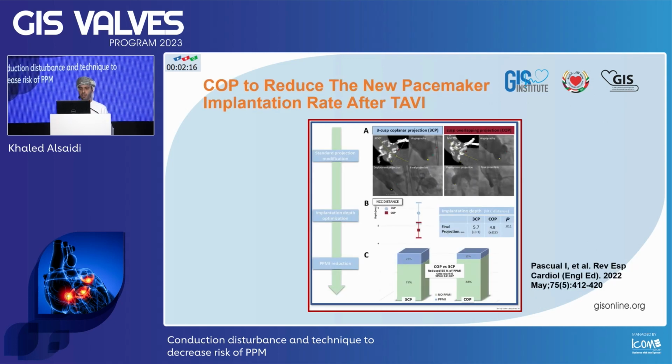As you can see, for example, in this study, comparing the conventional technique versus the cusp overlap technique, you end up having higher implantation in the cusp overlap, 4.8 in this study versus 5.7. Also, pacemaker risk is cut by half, 23% versus 12%.